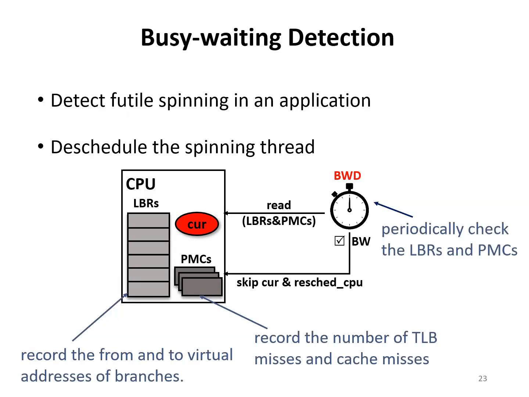BWD implements the last branch records and hardware performance counters, as well as a high-resolution timer to detect spinning. If the readings of last branch record and performance counters indicate spinning, the timer forces the thread or vCPU currently running on the core to be descheduled.